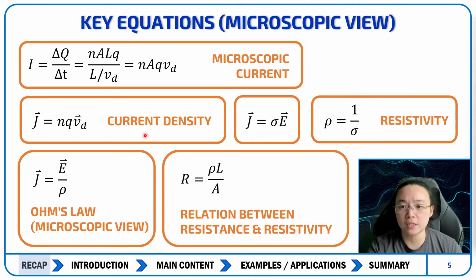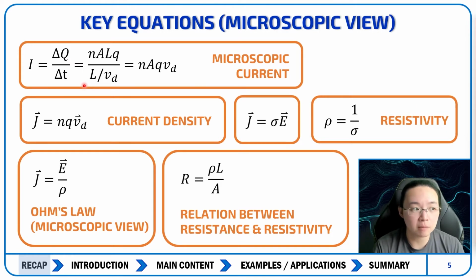So some key equations. You have the equation for I for a microscopic current given by delta Q over delta T. If you have a small piece of Q over a small piece of time, then you can take a look at this and you get this equation from a small piece of what you're looking at, including a cross-sectional area. You have Q, and then you have the drift velocity.